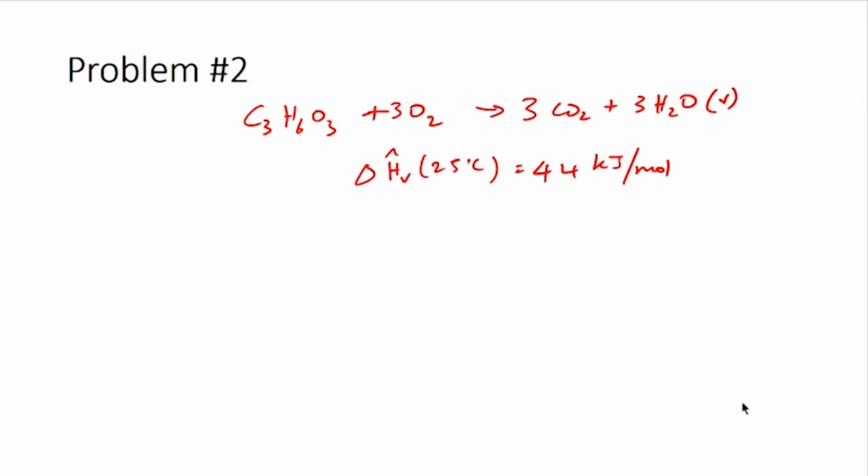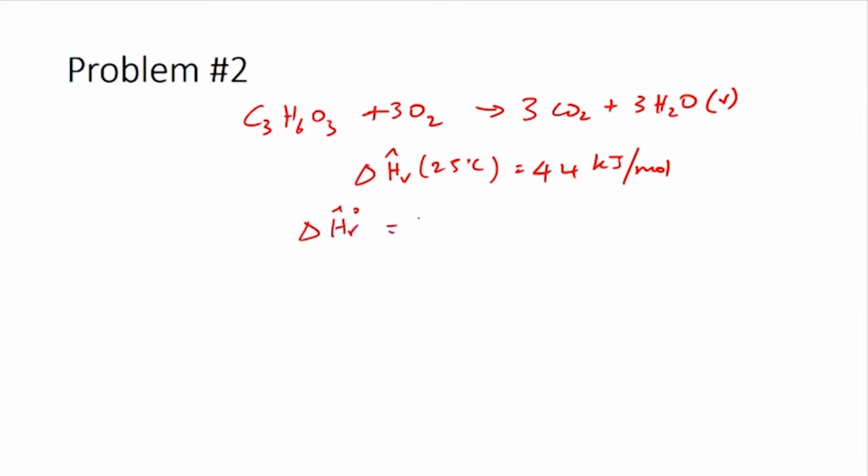As the heat of reaction is defined as the enthalpy of products minus the enthalpy of reactants, here the enthalpy of products has actually increased because of the heat of vaporization. So, we will be adding this heat of vaporization times the number of moles of water which is being vaporized to the heat of reaction to get the actual heat of reaction for this process.